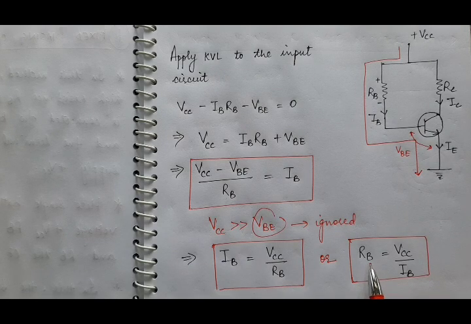So here, once the value of this RB is fixed, it will stay fixed in the circuit, as the value of VCC is also fixed. Because of these two fixed values, the value of IB is also fixed in the circuit. That is why this circuit is known as fixed biasing circuit.